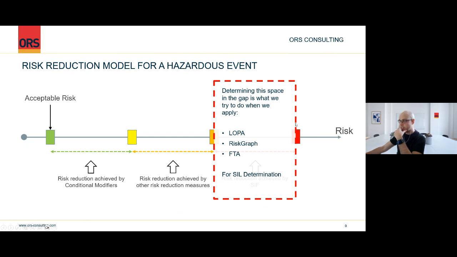So determining this space in the risk gap is what we do when we do a risk graph, or LOPA, or fault tree analysis for SIL determination, right? This is what we want to find.